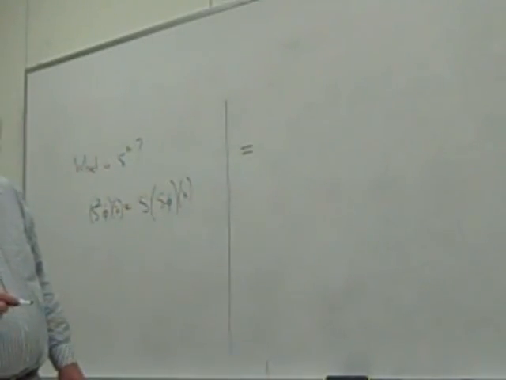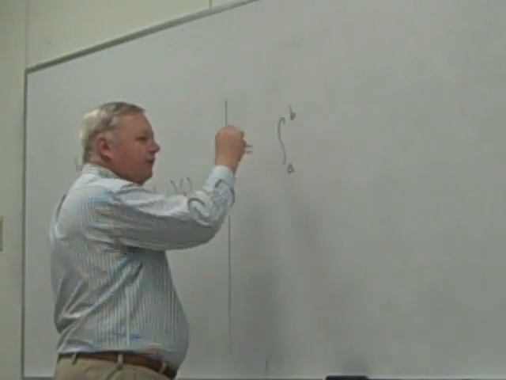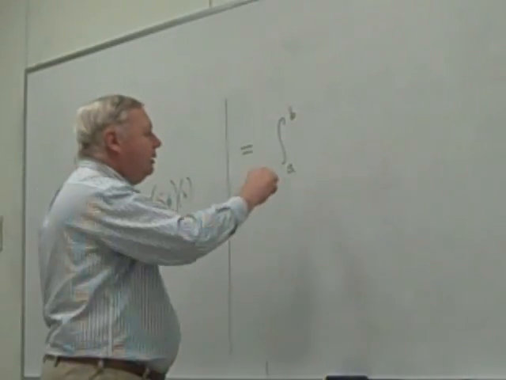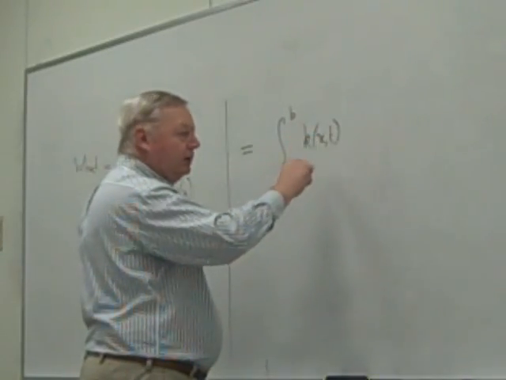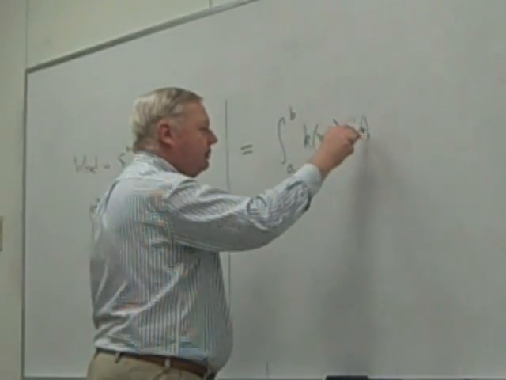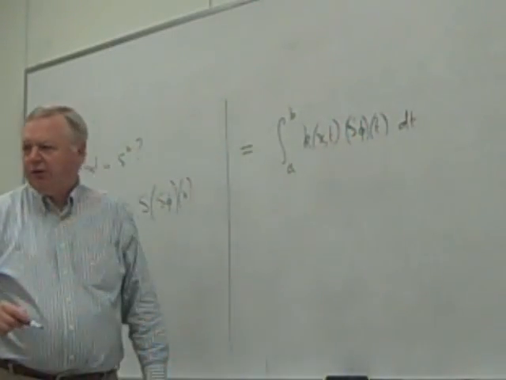So according to the formula, it's the integral from a to b of k of x,t times S phi at t, integrated dt.